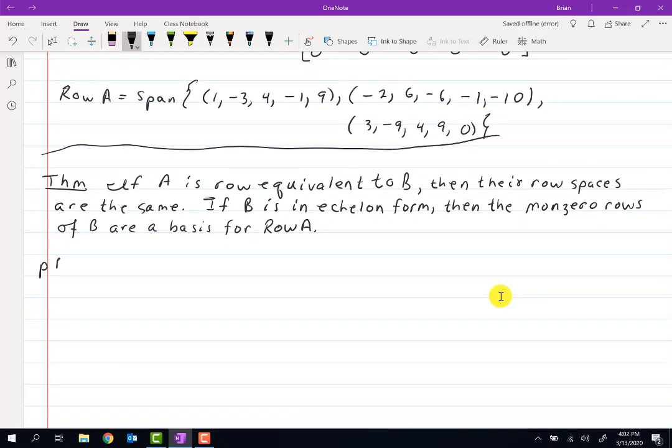Proof. Well, what we're going to have is that A will be row equivalent to B. So what does that involve? We can add a multiple of one vector or one row to another row.